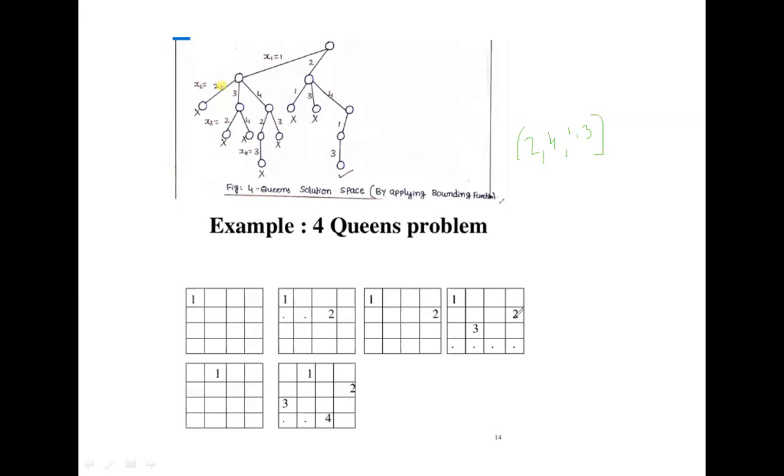So I move backward to Queen 1. I change the Queen 1 position to the second column. Then I place Queen 2 in the fourth column. Previously I did this, okay. Then Queen 3 here, Queen 4 here. So this is the final solution for the 4 queens problem.